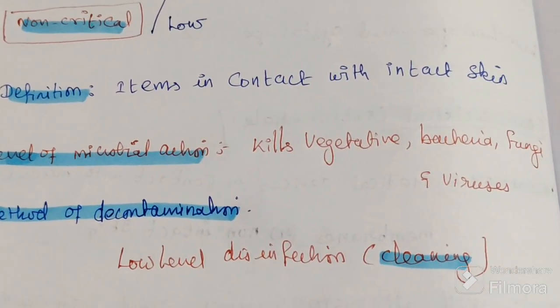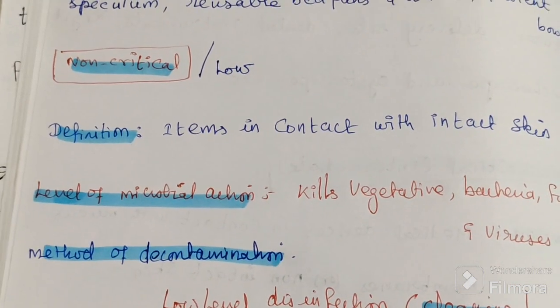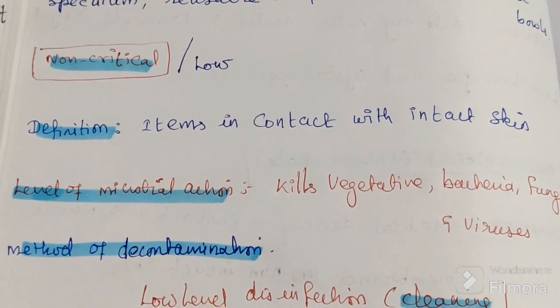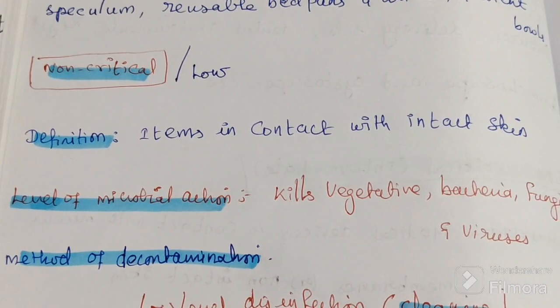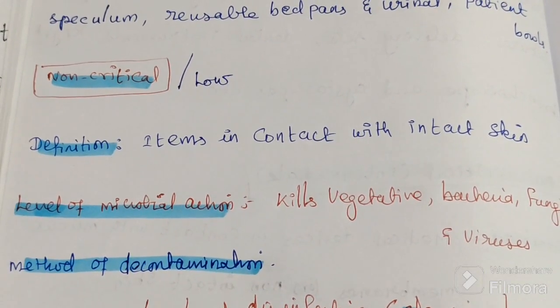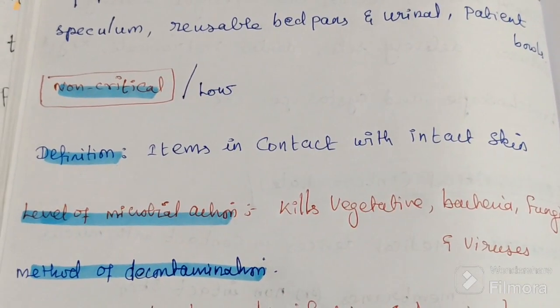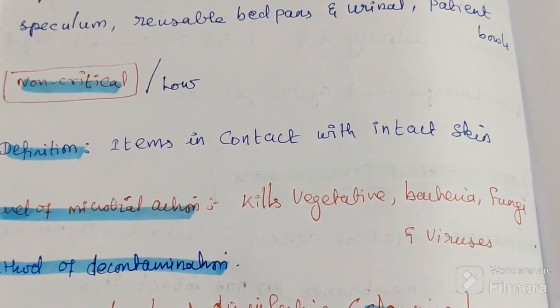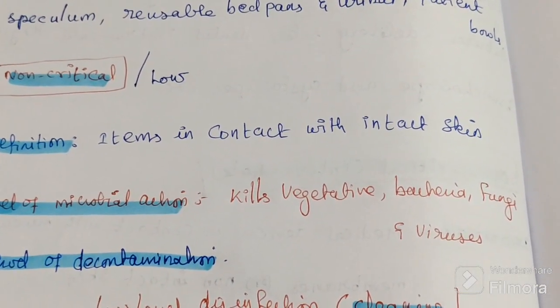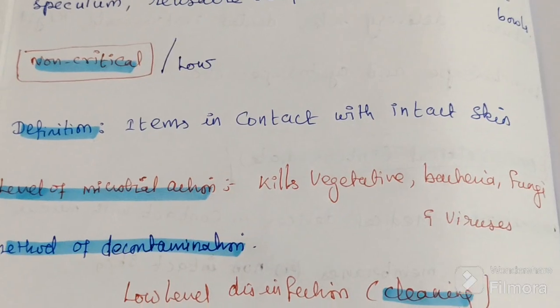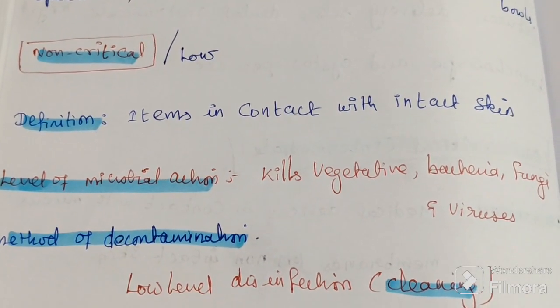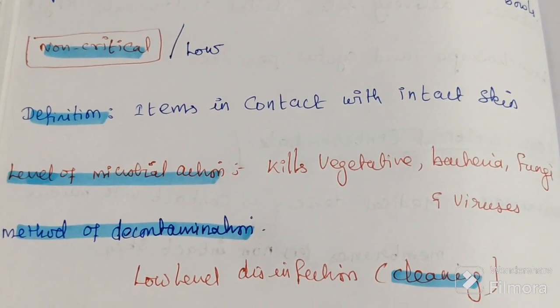The third category is non-critical or low. According to this classification, it is defined as items in contact with intact skin. So all devices that contact intact skin.